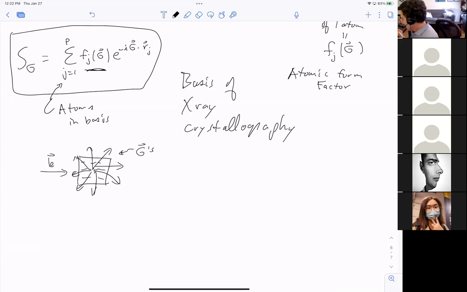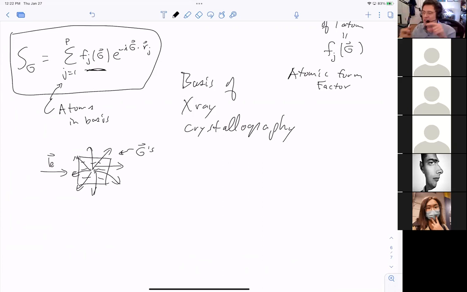But it depends on a few things, because I could rotate the crystal, and as I rotate the crystal, it might affect the scattering. If you're an X-ray crystallographer, you want to find all those beams and all those G vectors, so you rotate the crystal around.